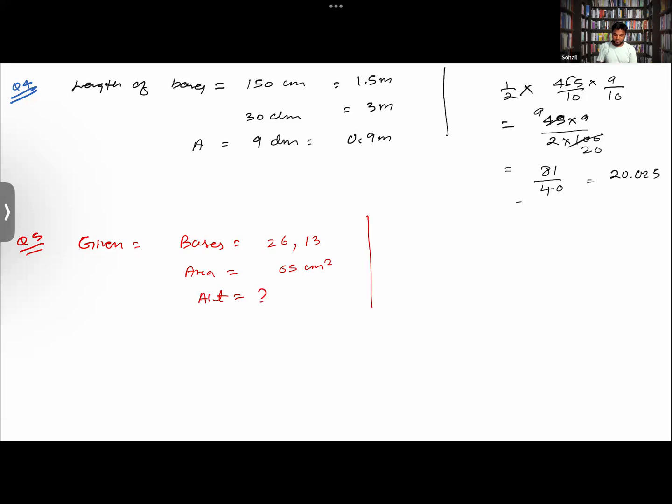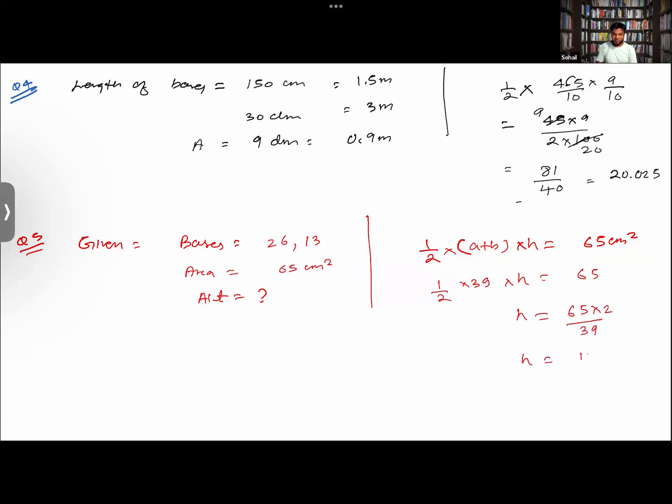So it's simply half times (a plus b) into h equals 65 square centimeter, right? As simple as that. So half times (a plus b) will be 26 plus 13, that is 39. So that is 39 times height equals 65. So height will be 65 times 2 divided by 39.